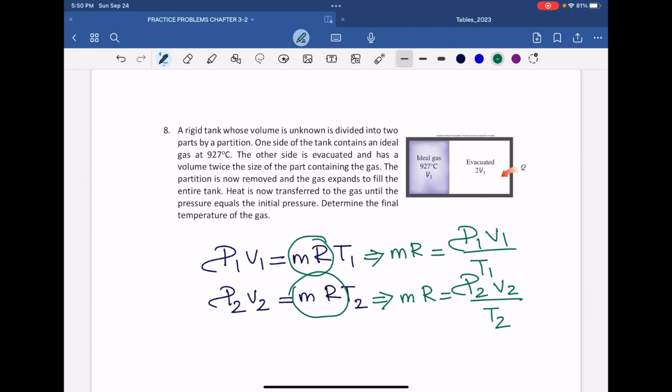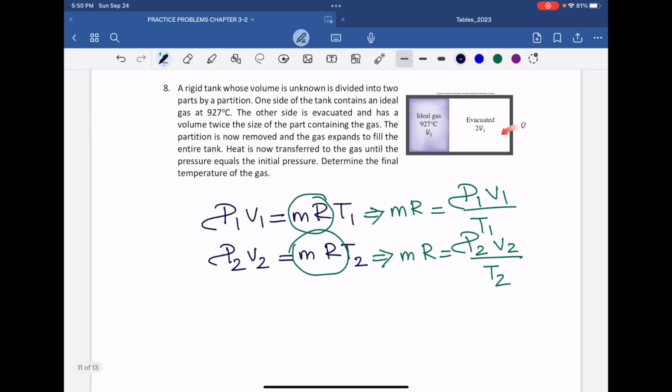So since on the left hand side we have M times R, both equations on the right hand side have to be equal to each other. So P1 V1 over T1 is equal to P2 V2 over T2. There are a lot of other things we can include in this information. For example, they say the pressure is not changing, okay?